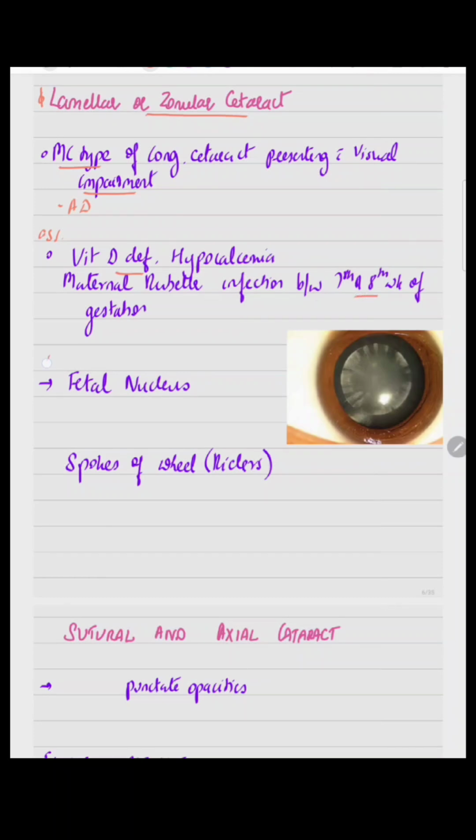It occurs in the zone of fetal nucleus surrounding the embryonic nucleus. There are small linear opacities like spokes of a wheel. Those are riders, which may be seen towards the equator.